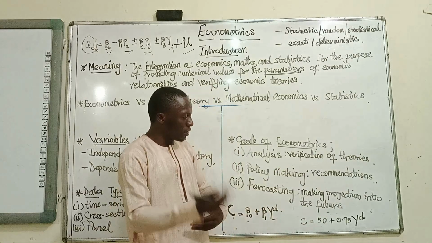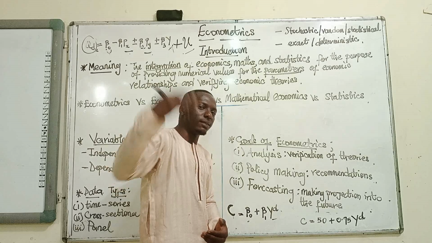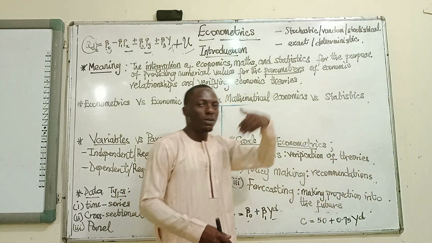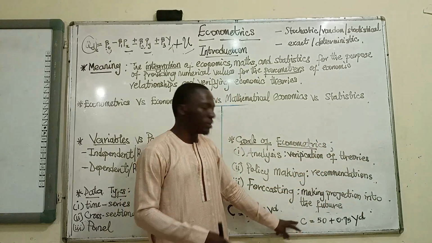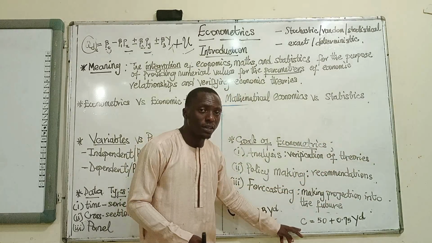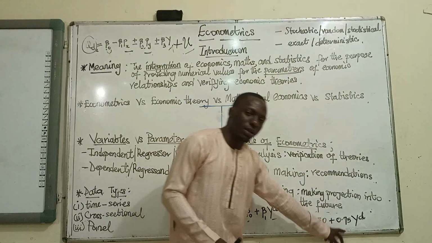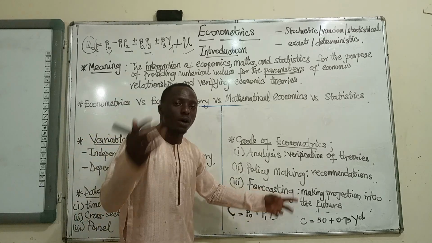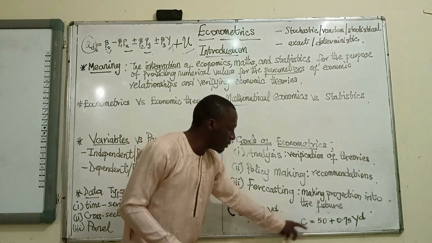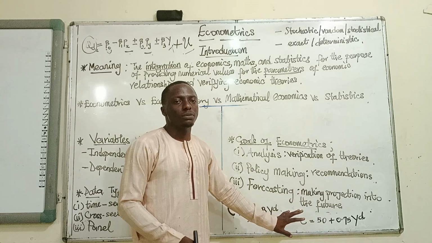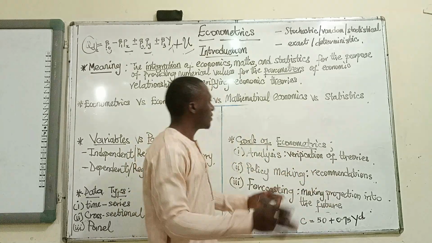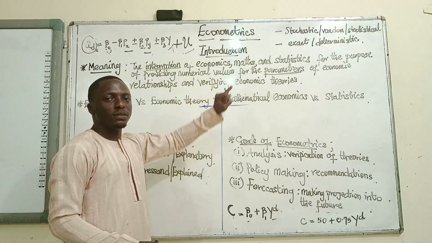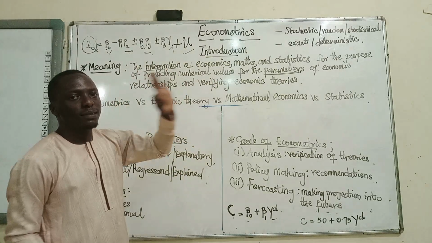An example, you also take, okay, what if YD increases to 10,000 naira, or YD increases to 10 billion naira, what will C be, or how does it affect C? So given the known values of the parameters, you can always forecast, you make projections into the future, so you get different values of the dependent variable. So we've learned that econometrics involves the combination of mathematical economics, economic theory, and statistics.